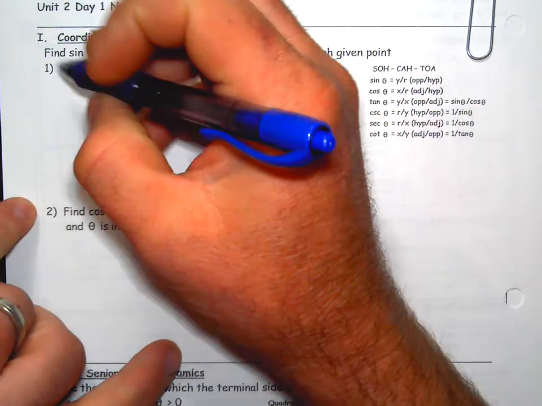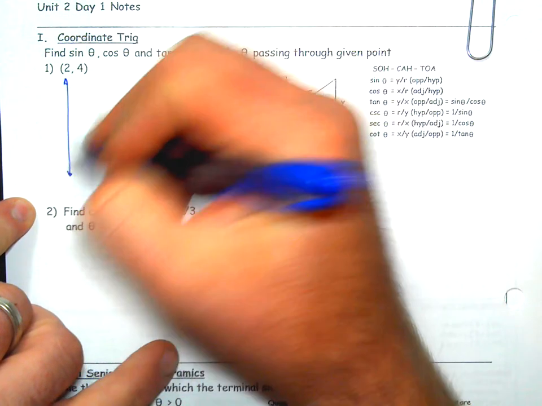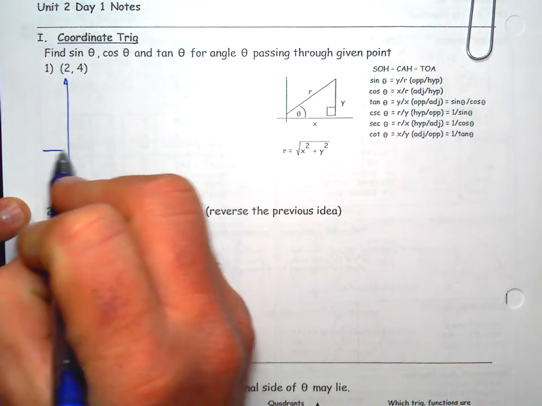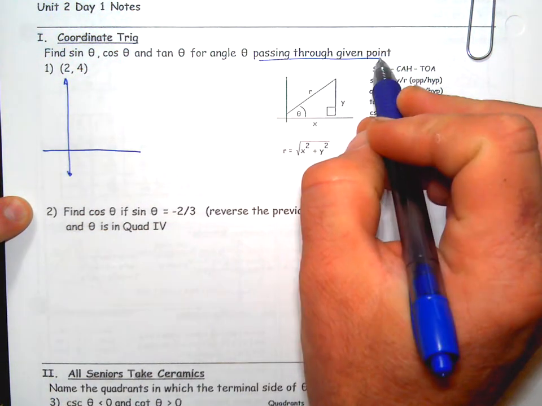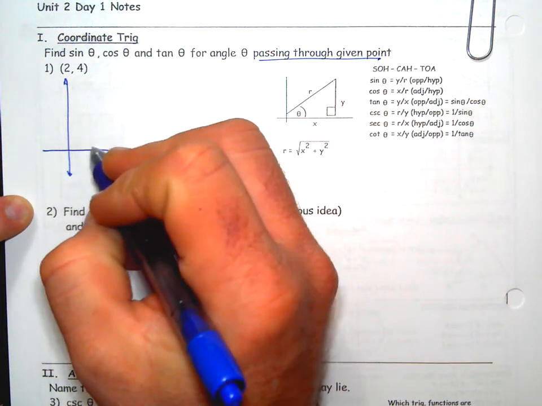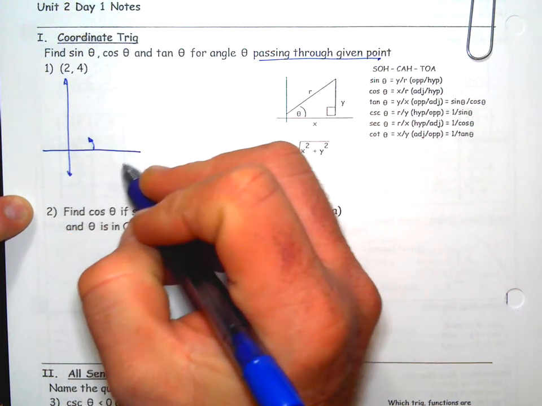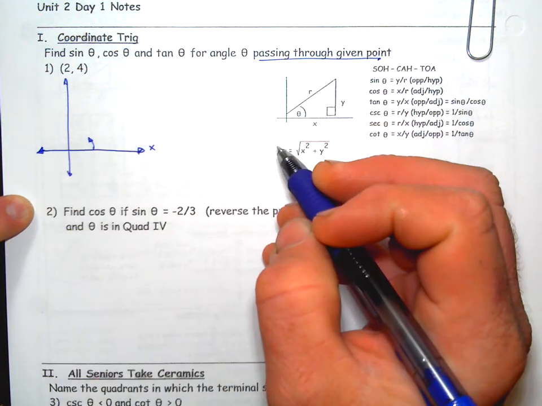But one thing we could do is draw a picture of this angle. It says that it goes passing through the given point. Generally, the angle is considered to be starting at the positive x-axis and going counterclockwise.